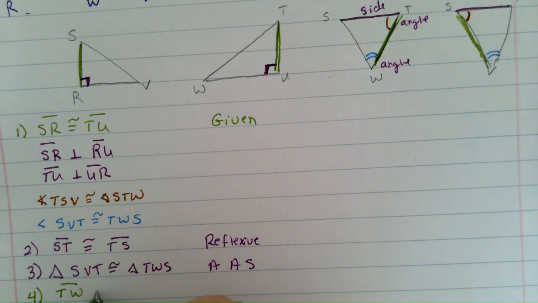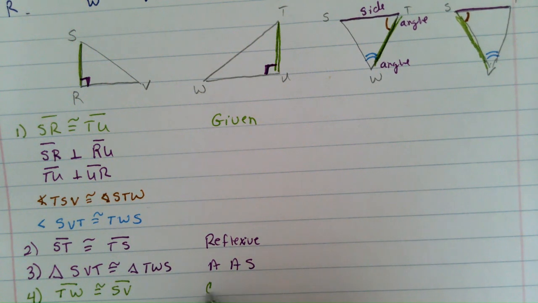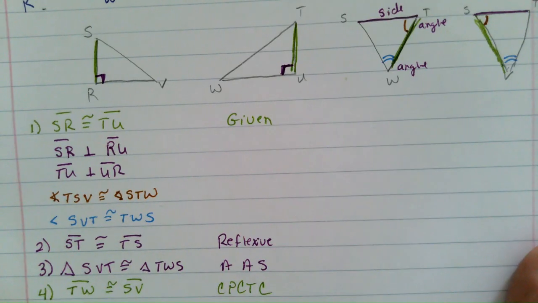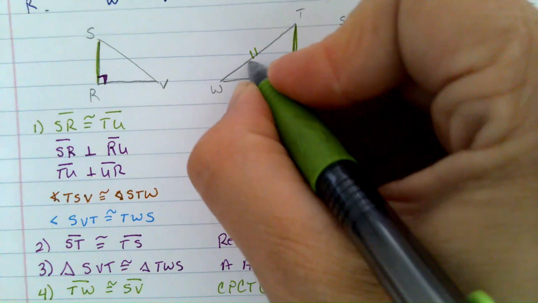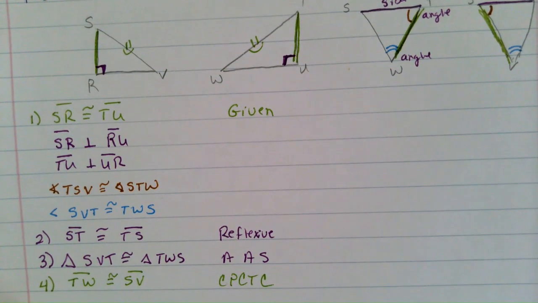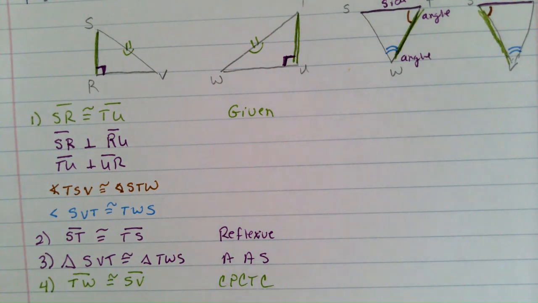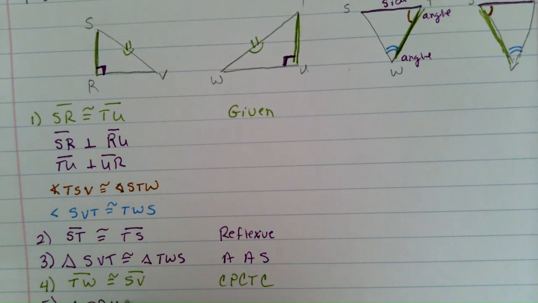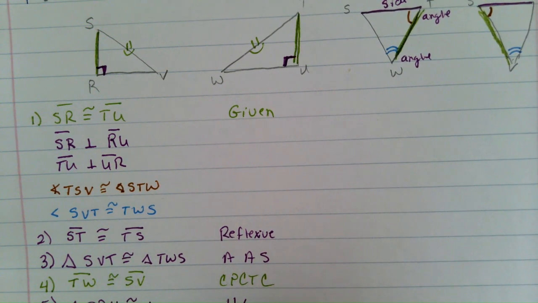TW is congruent to SV because the corresponding parts of congruent triangles are congruent. And now that we said that, yay, we just said this statement. Now we have the hypotenuse being congruent, and now we can say what they told us to say, that triangle SRV is now congruent to triangle TUW by the hypotenuse leg theorem.